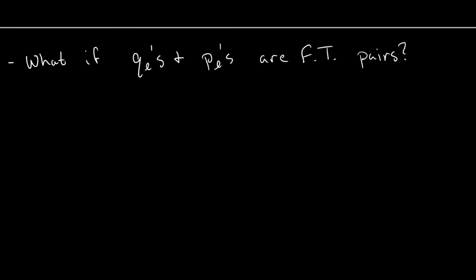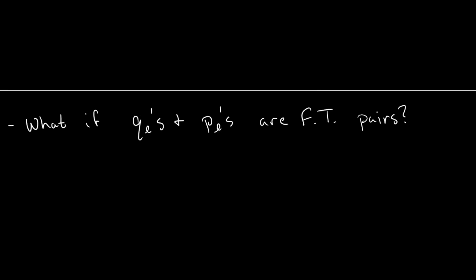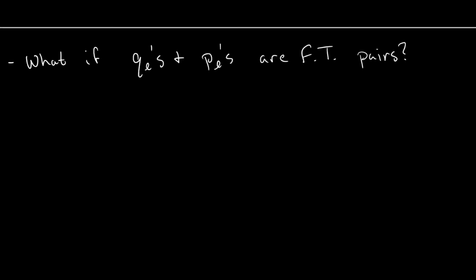Just because there's so many similarities between these two structures, it might lead us to draw a much more direct comparison and see what happens if we try to force our P's and Q's to be Fourier transform pairs.